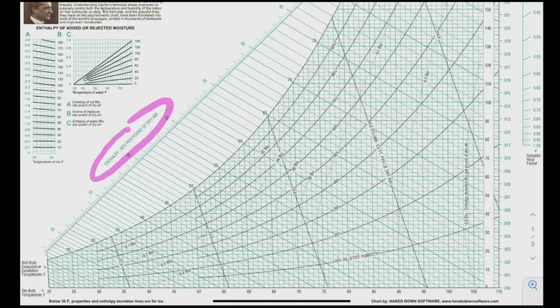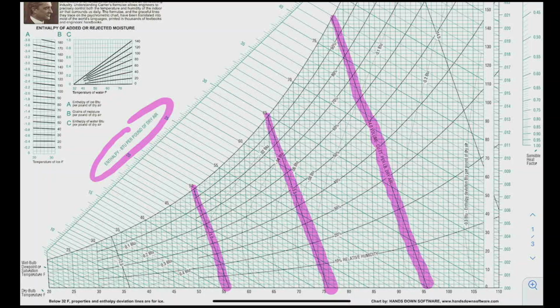For instance, this line here represents 14 cubic feet per pound of dry air. This line represents 13.5, and this line represents 13.0, and you can interpolate anything in between adjacent lines on the chart. So for now, those are some very interesting aspects of the psychrometric chart, just to have familiarity with where to get information from the chart.